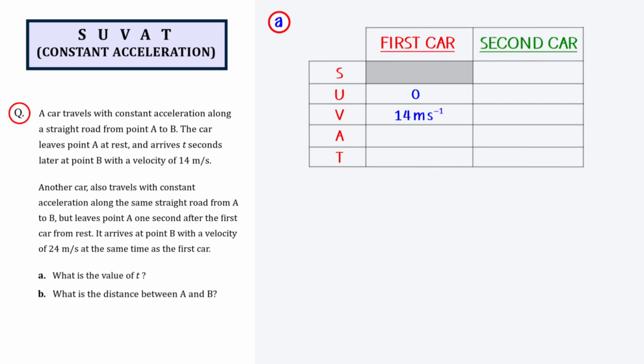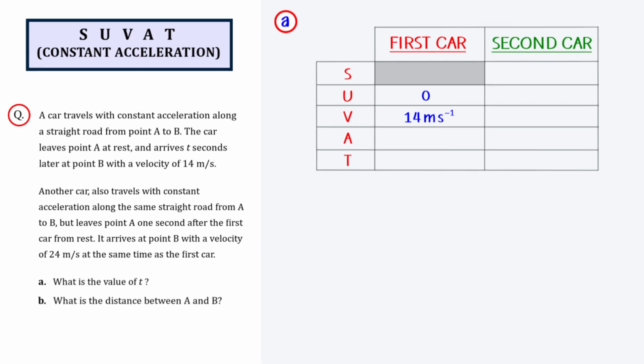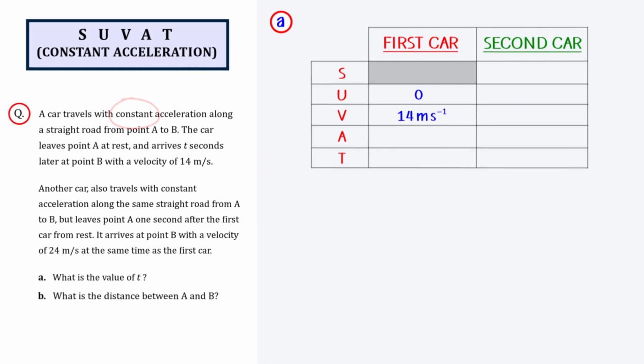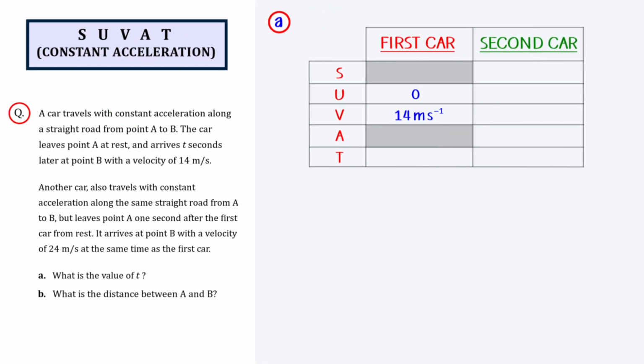Now, we haven't been given the acceleration, we've only been told that it's constant, which just means we're able to use the SUVAT equations, and so we can leave this blank. And finally, the question states that the first car completes its journey in t seconds, so we can label time as t. Okay, so now let's do the same for the second car.